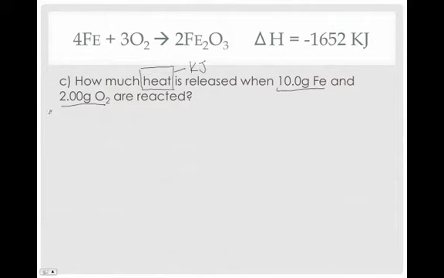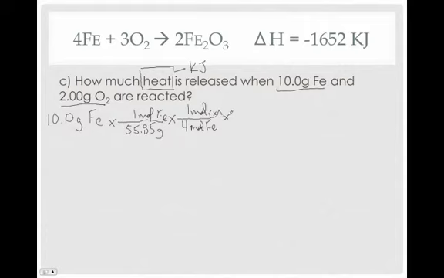So start out with 10 grams of iron. And again, we're going to convert that to moles. So there are 55.85 grams per 1 mole of Fe. And then we know that there are 4 moles of Fe per 1 mole of reaction.